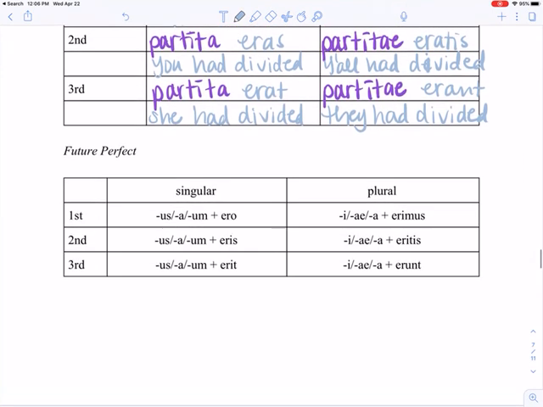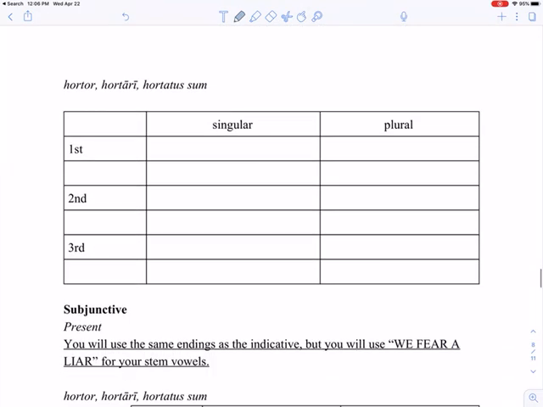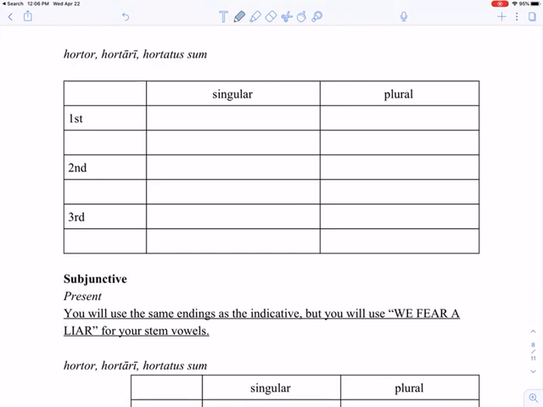Okay, all right. One last one. Future perfect. Again, we need the macrons over these i's over here. But again, we're using our fourth principal part, and it's our form of sum that changed. Ero, eris, erit, erimus, eritis, erunt. So we're going to go back to hortor.